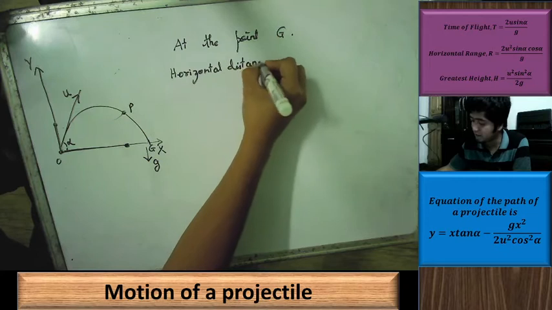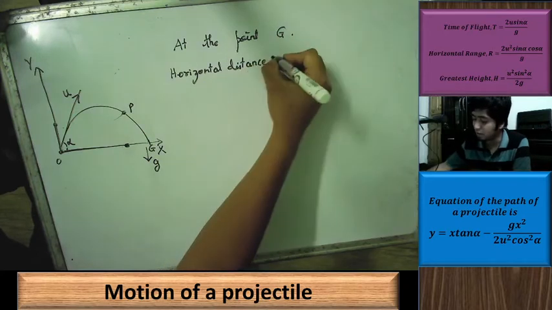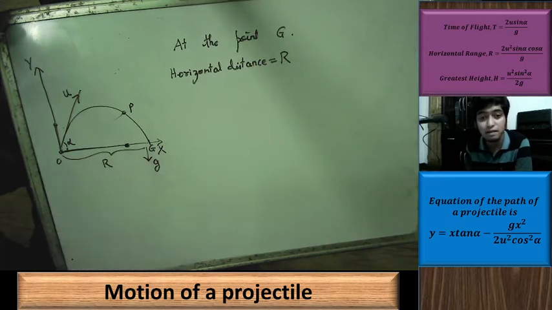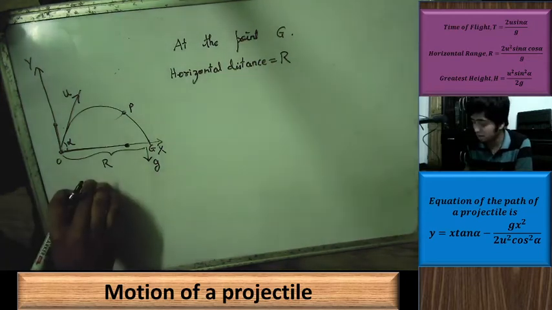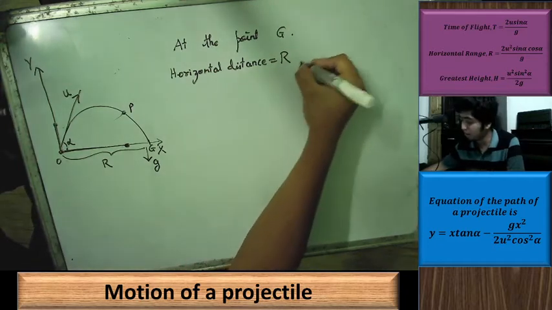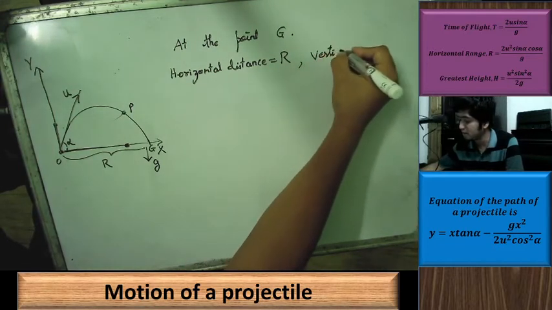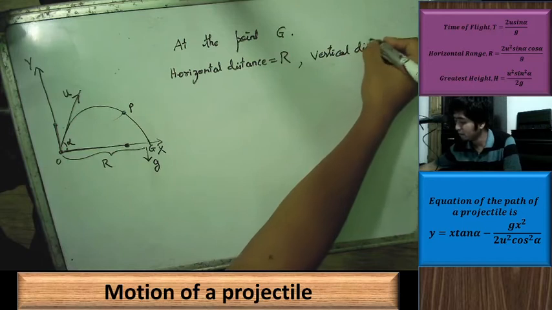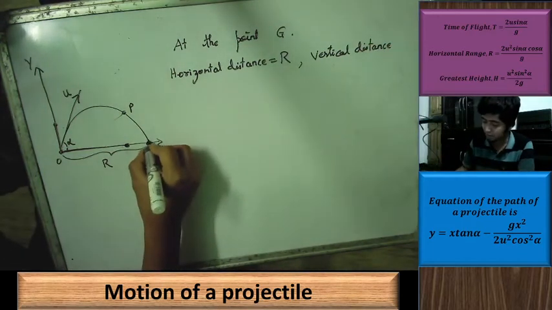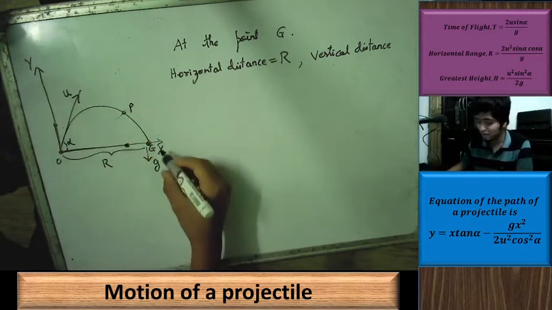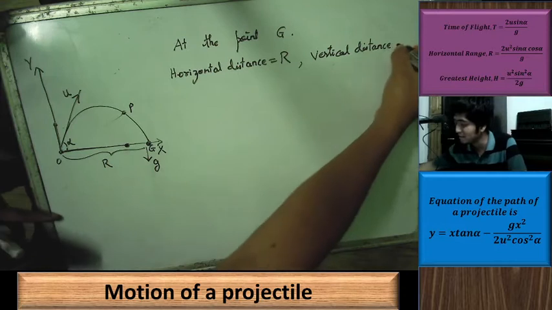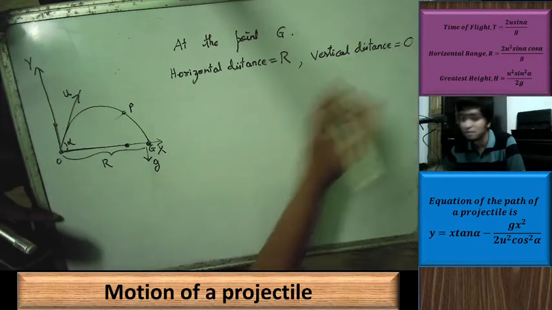Horizontal distance is equal to the range, because this one is the range, so horizontal distance is R. What about the vertical distance? The vertical distance of this point, if you are measuring it upwards, it has no height, right? So the vertical distance will be equal to 0.